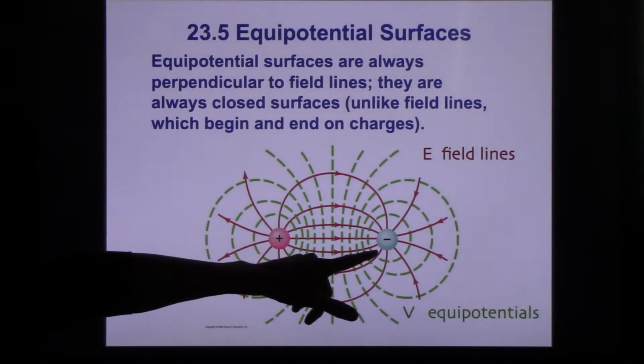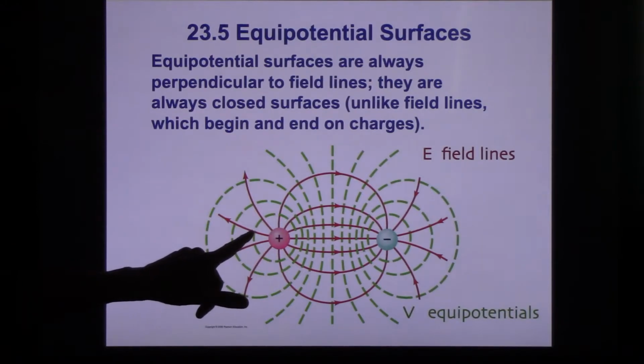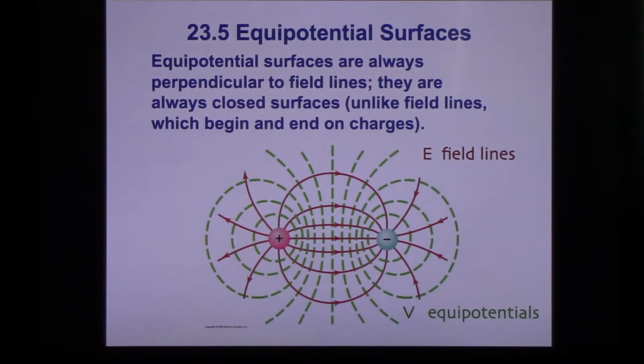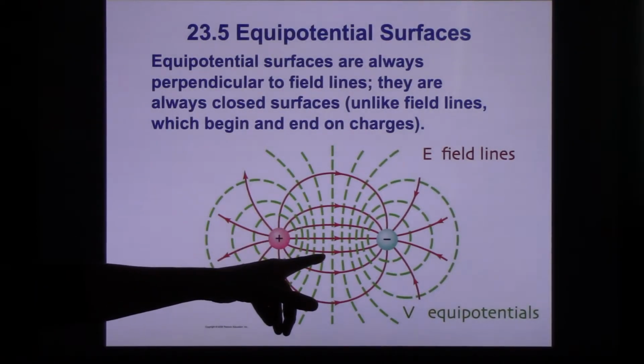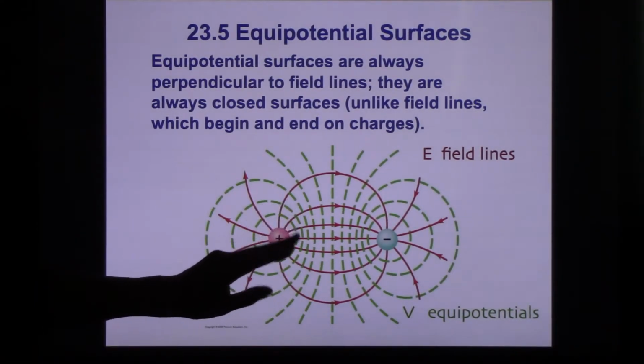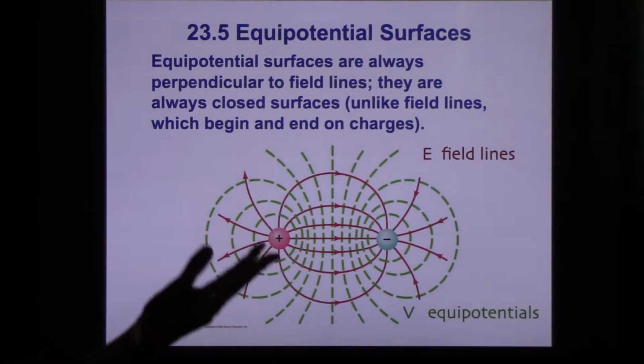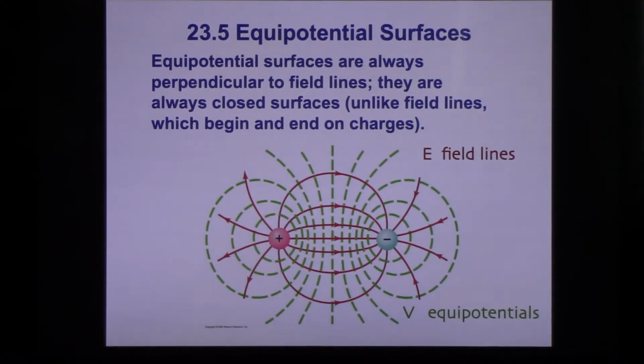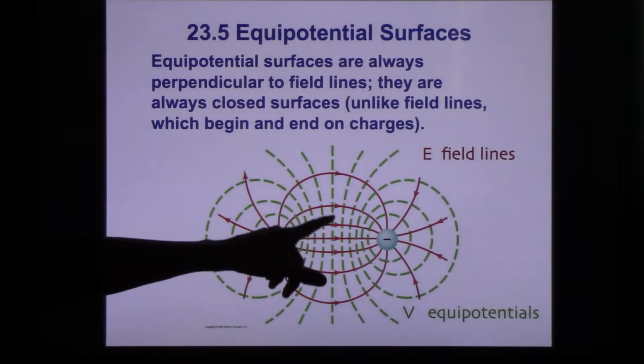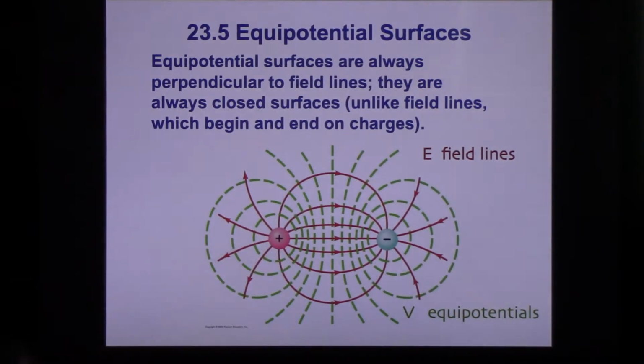I put the positive charge on the right, the negative charge on the left. The equal potential surfaces look the same, but the signs are reversed. What was positive is now negative and vice versa, and the direction of the electric fields will change. So we're going to keep referring back to this.